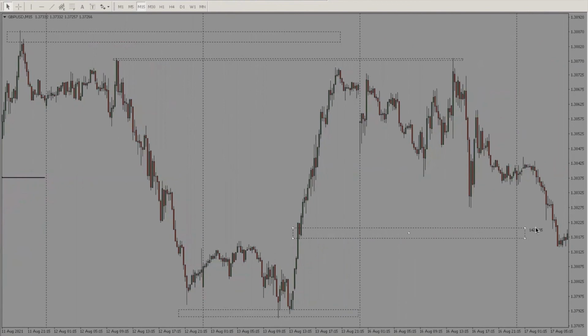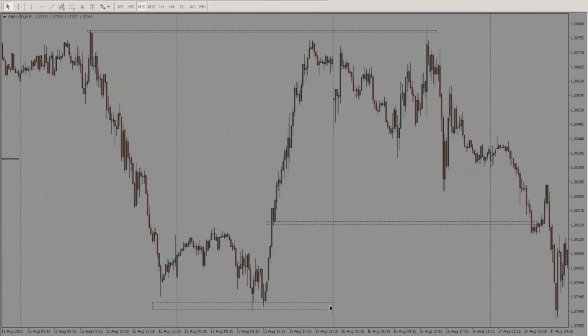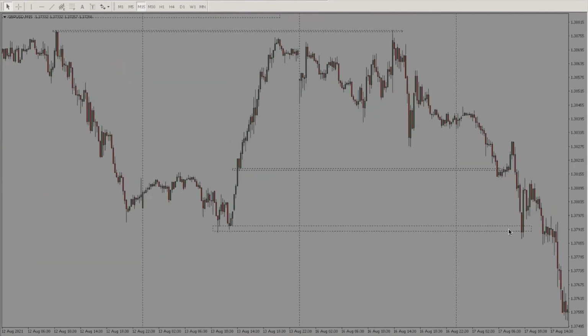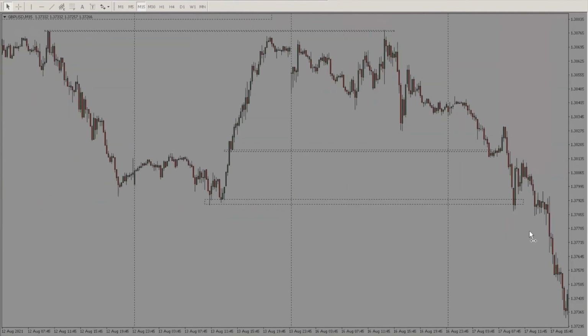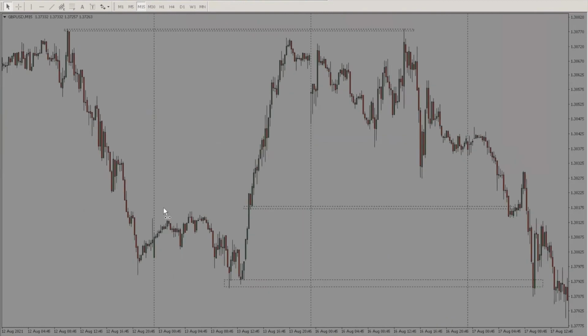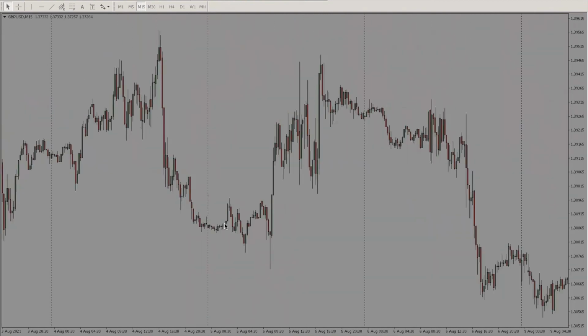It fails and goes back here. So now that we've broken this one, we expect it lower. It does. It hits lower, tags that low right there. See that? And then goes lower. Cool, guys. That's it. Let's go through one more.